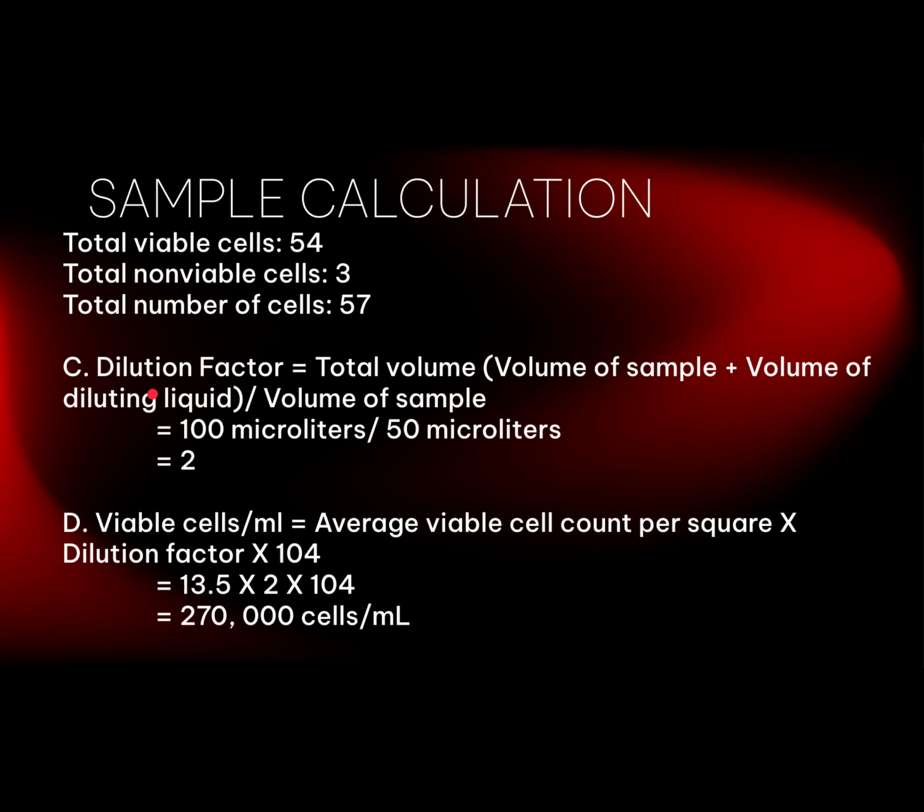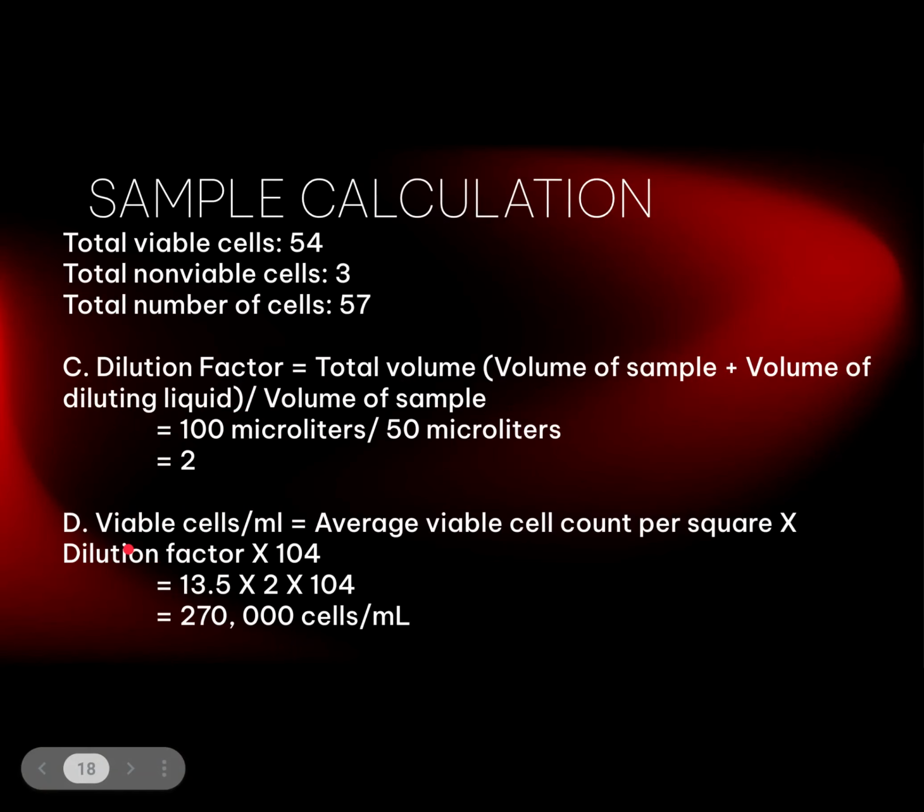If you want a reference for this, you can go ahead and read your protocol. So that is 50 plus 50, which equals 100 microliters, divided by the volume of sample, which is 50. So 100 divided by 50 is equal to 2. Our dilution factor is 2.